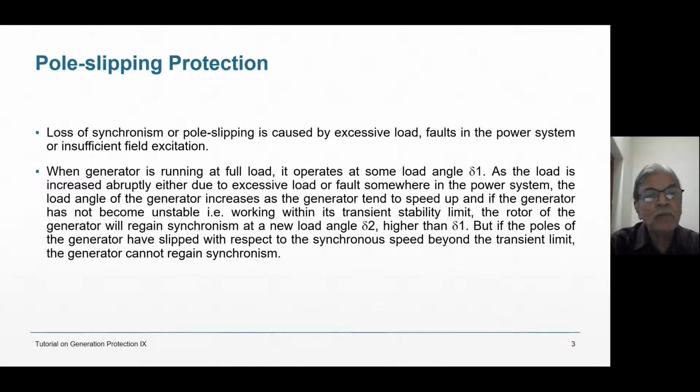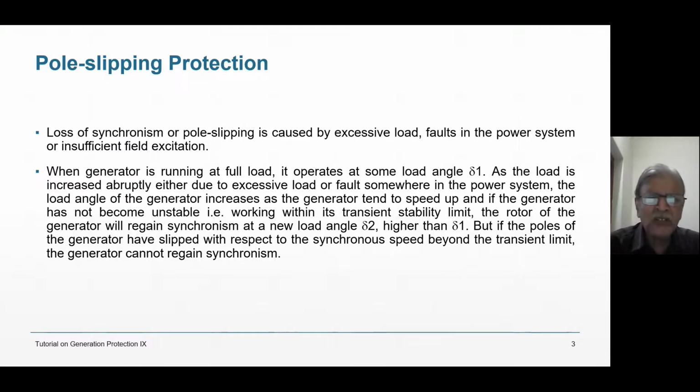If the load is abruptly increased or abruptly thrown from one generator, or due to a fault somewhere in the power system network, the fault will be nearer to some generators and farther from other generators. Generators which are nearer will have a load angle much higher than delta 1, and others will be higher than delta 1 but not as bad as that.